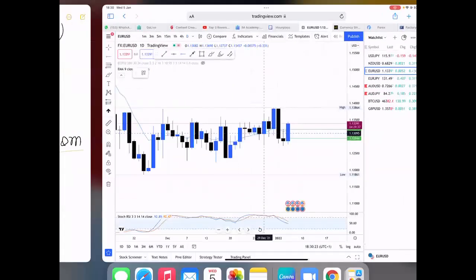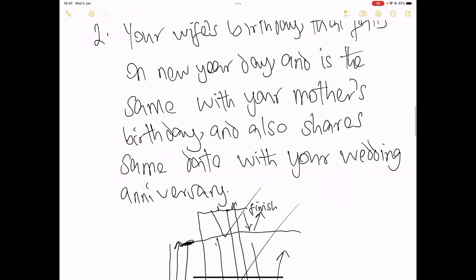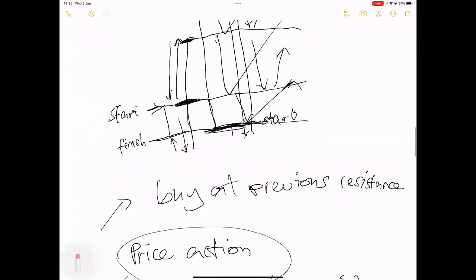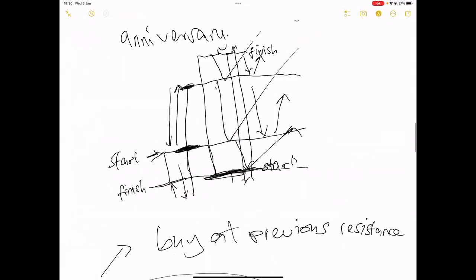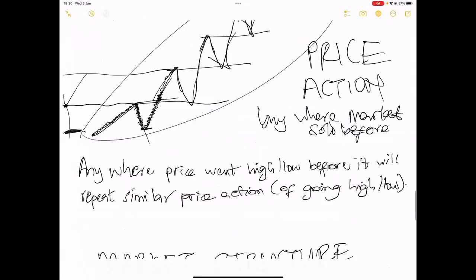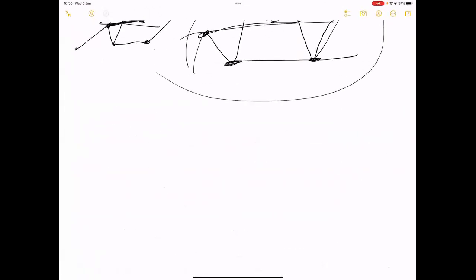Okay, wait. Do you understand this explanation now? This explanation I did here of the previous candle like this, and the present candle like this.